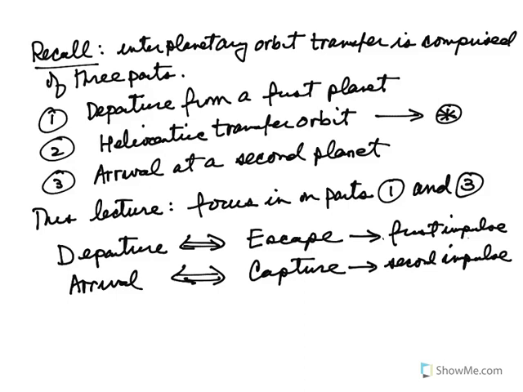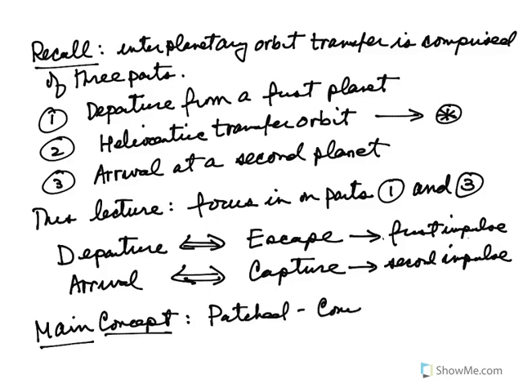So this study is going to involve a few different things that we have to keep in mind. The main concept of this lecture, to be able to do this in a systematic way, is what's called the Patched-Conic Approximation.